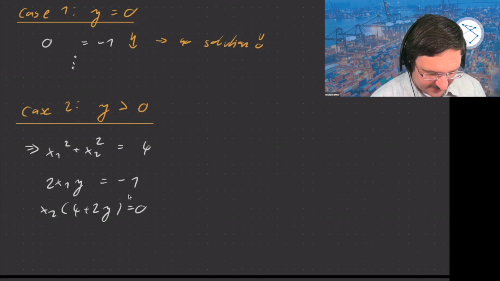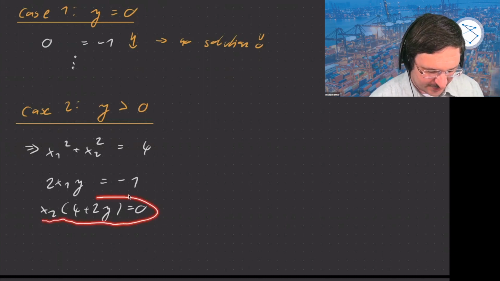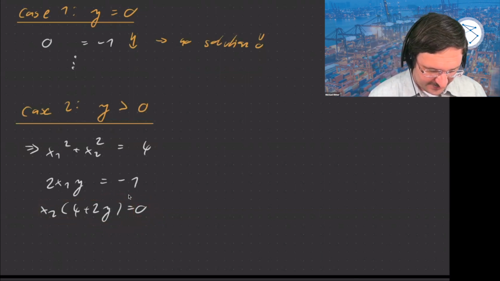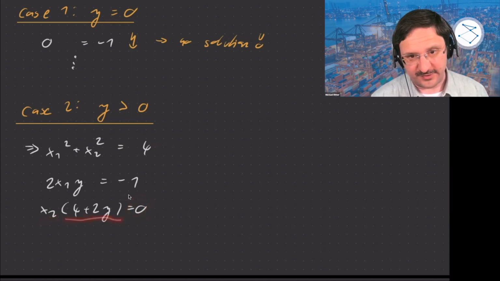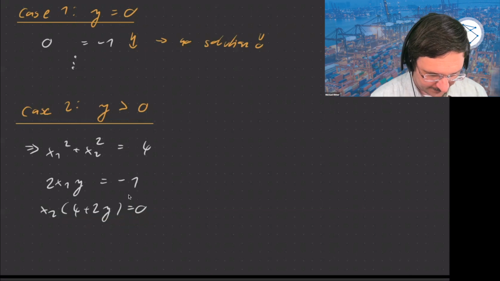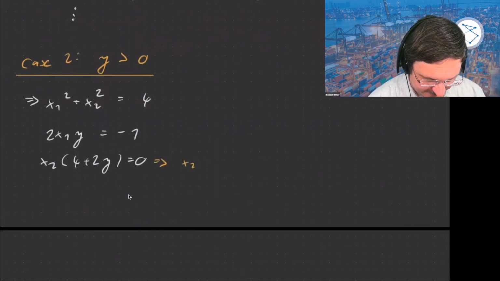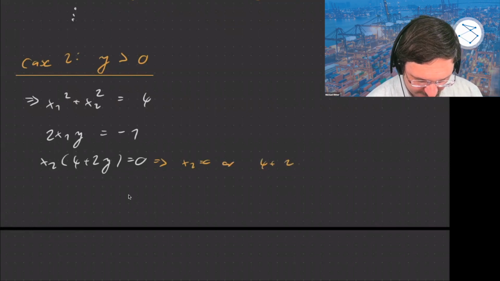Now, this second equation here again has the nice property of a right-hand side of 0. So let's first look at that. If that is going to be 0, then either this factor or this factor needs to be strictly 0. Right? So that means either x2 is 0 or 4 plus 2y is 0.